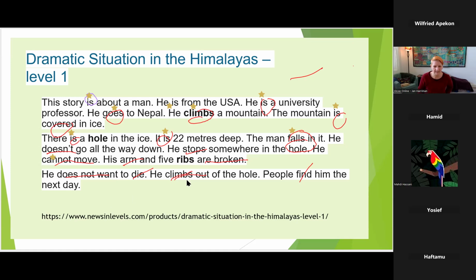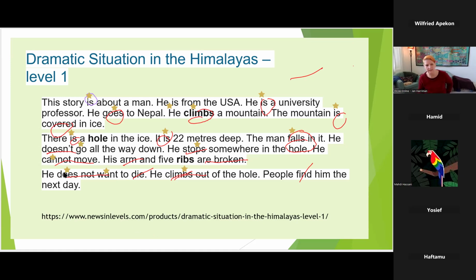Doesn't go. Which is a verb? The second paragraph, second line: he doesn't go.